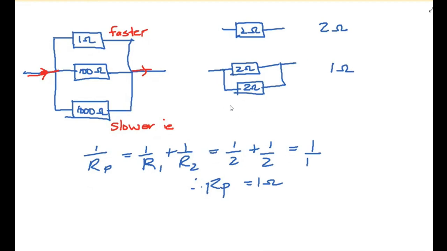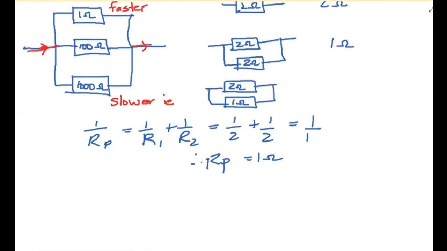But what if I had a 2 ohm and a 1 ohm? I'm just choosing little numbers just because it's easier. So if I go and say, okay, now I've got a 2 ohm and a 1 ohm, I now go and work out my total resistance here.